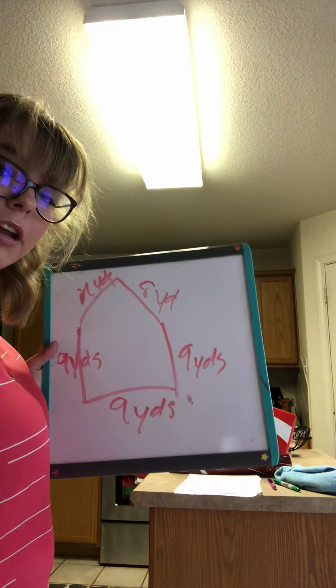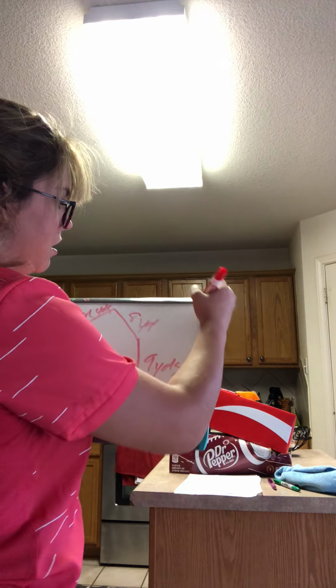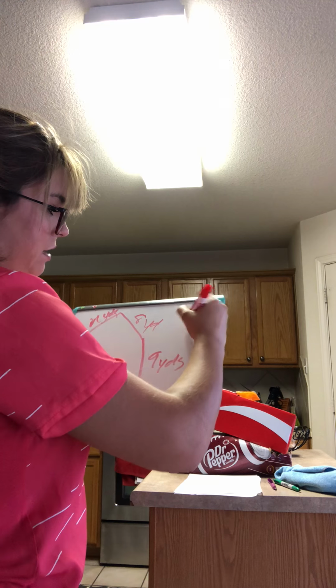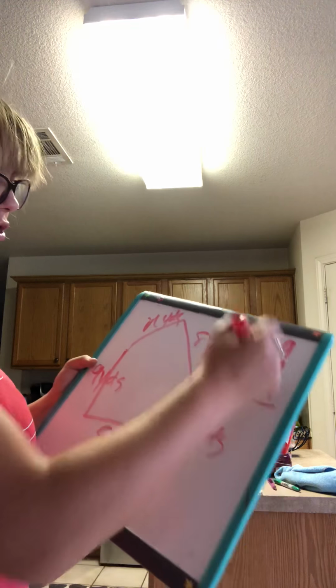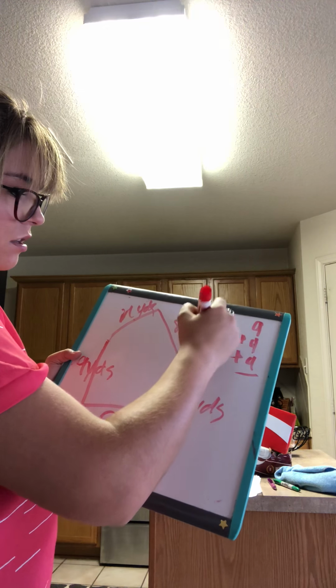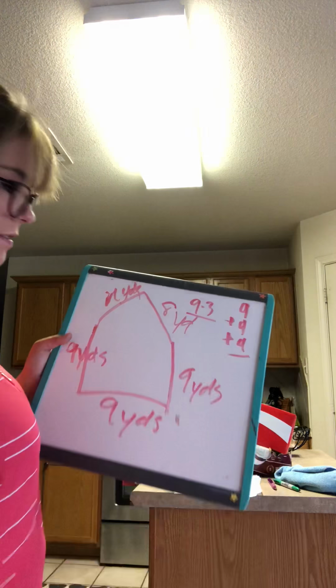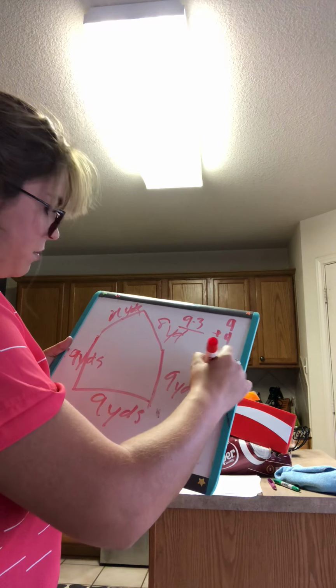So we're going to have 5 numbers to calculate today. So we have 9 plus 9 plus 9, or if you want to do something fancy, you can do 9 times 3, because you have 3 9s, plus 8 plus 11.